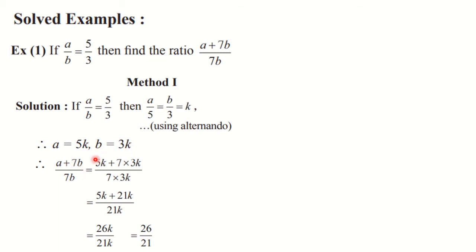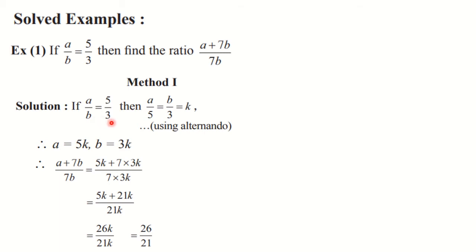But here while solving, directly you cannot write 5 in place of A or 3 in place of B. You will get the correct answer, but this is compulsory. Taking the common multiple here is compulsory because this denotes the reduced form of the ratio.